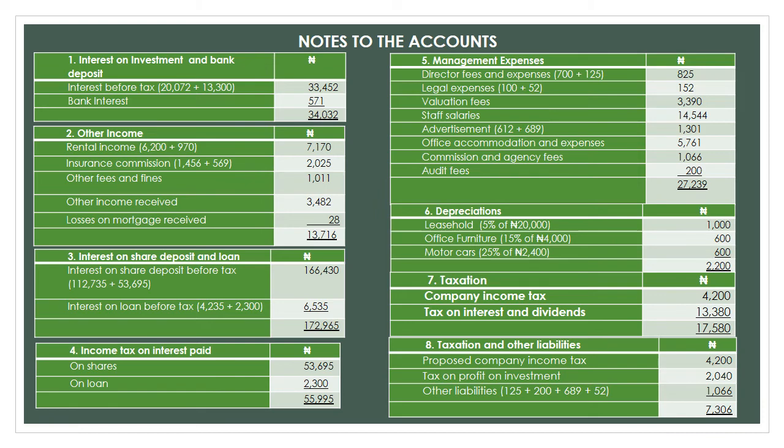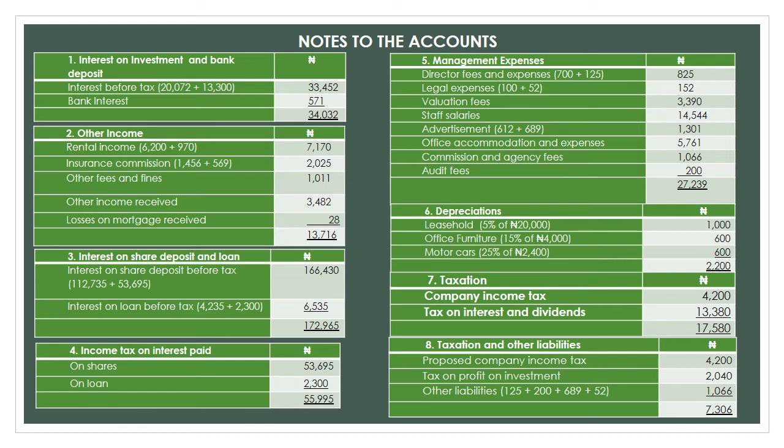If you look at your additional information A, you have the depreciation rates, which is 5%, 15%, and 25%. So you take 5% off. How much is the lease? Go to your trial balance, you see office premises, including leasehold premises of 20,000. So 20,000 out of the total office premises is leasehold property.